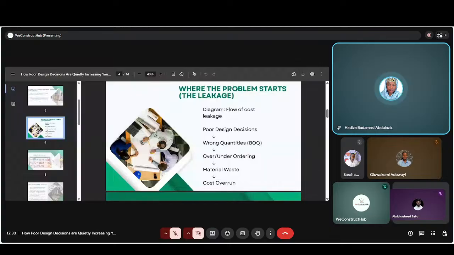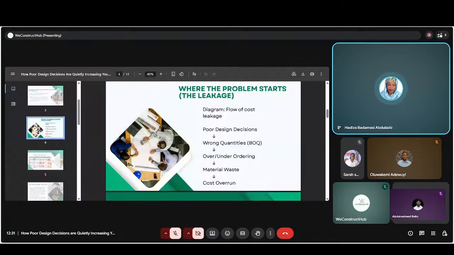In Nigeria, when we design, we think about cost. In Dubai, when they design, they don't think about cost. They think about crazy design, just deliver something beautiful, something extraordinary, something out of this world. While we in Nigeria, when you design, you have to consider cost.